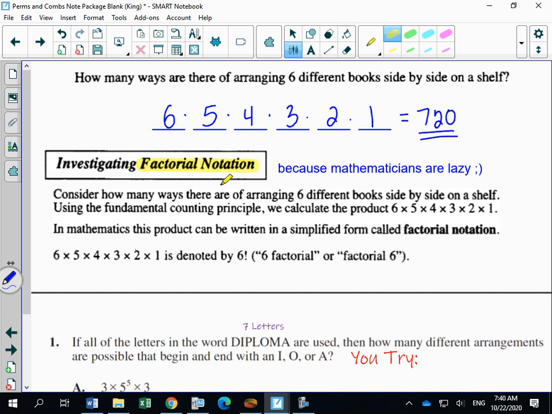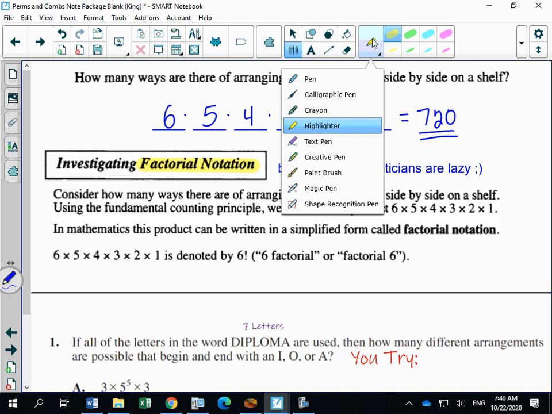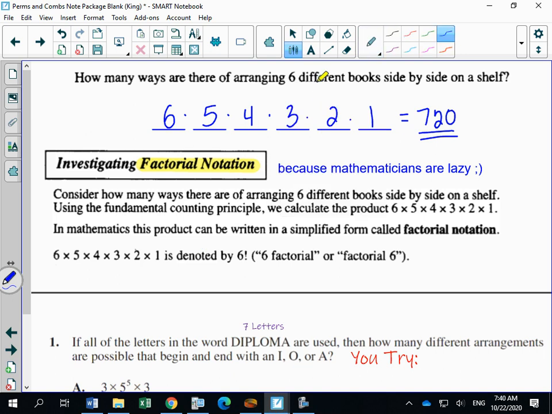So what factorial notation is, I want you to make a little note up here. Factorial notation is a shorthand notation for multiplying descending sequences.